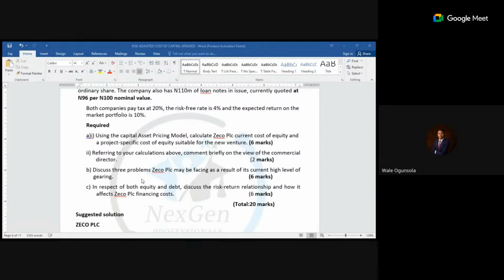So in that aspect, the equity holder is more risky than the debt holder. Okay, thank you. That is a very good one.